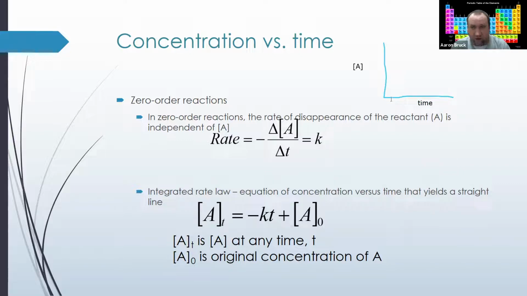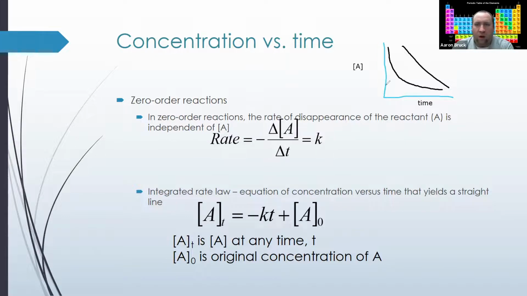We are looking for the relationship between those two, whether it's curvilinear or exponential or linear. In particular, we're really interested in the linear relationship because linear relationships are very easy to manipulate from an algebraic standpoint.